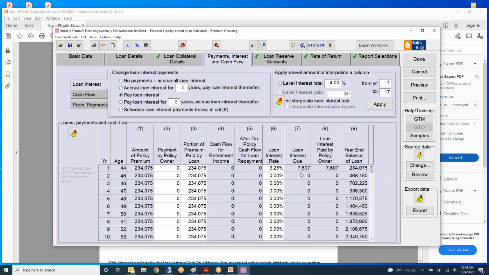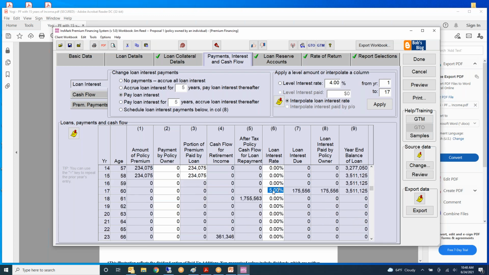You enter the starting interest rate in year 1 and the last year of the loan's interest in year 17, and make sure these two input boxes are showing the correct years, and then you hit the apply button. The interest rates in the in-between years are going to be filled in for you by the program. So I click on apply.